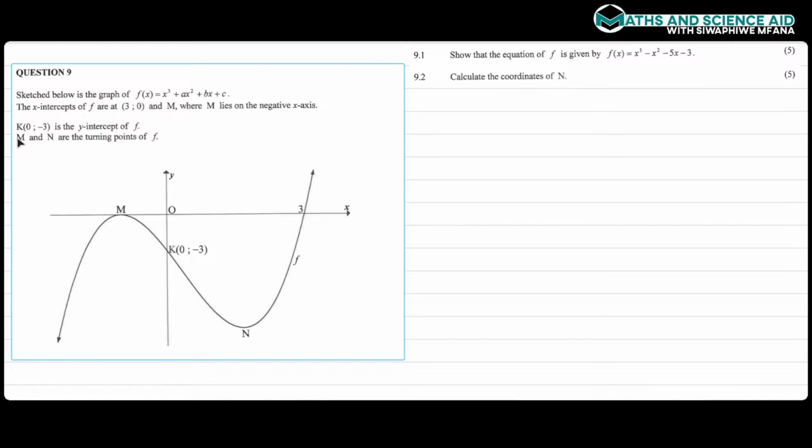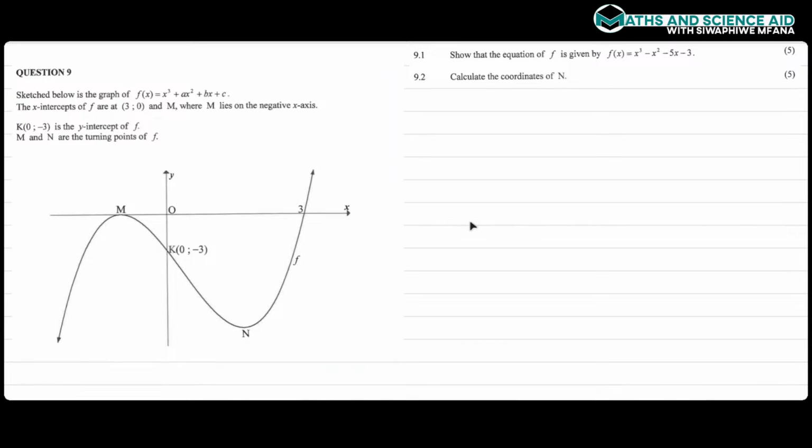We're also told here that m and n are the turning points of f. This is quite interesting now, specifically with regards to point m. Point m is not only the x-intercept, but it is also the turning point of this cubic polynomial. So that is very, very important to note. It's very key.